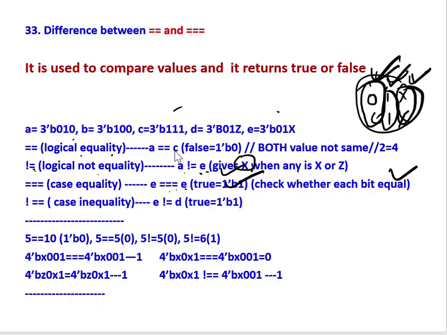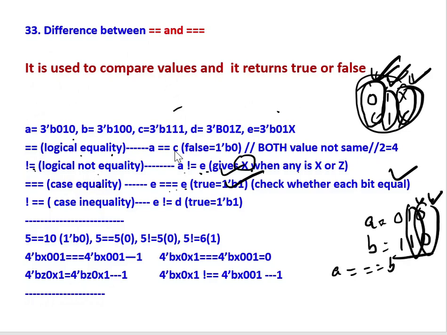For example, if a equal to 0 1 0 and b equal to 1 1 0, and you write a triple equal to b, then it will compare each bit. Here it is equal, but here it is not equal, so this will return false.